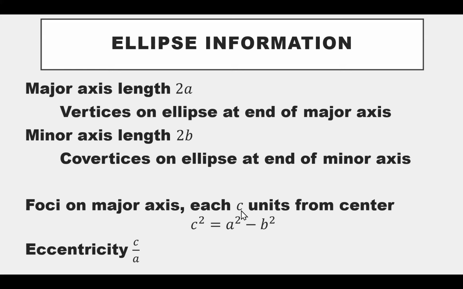We'll have a different c for other conic sections, but for an ellipse, c squared is equal to a squared minus b squared. And the eccentricity is a number that tells you how stretched out the ellipse is from a standard circle. It's going to be c over a. We'll talk more about that later. So this is the basic information for an ellipse.